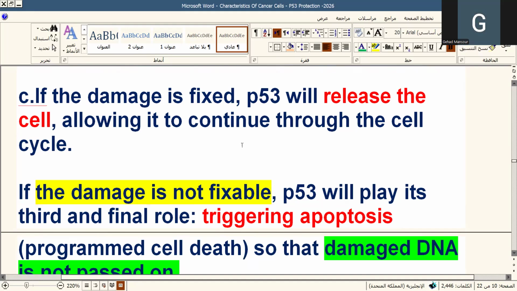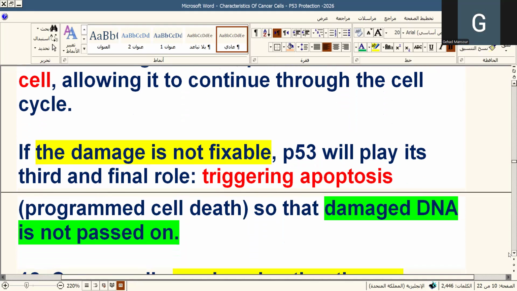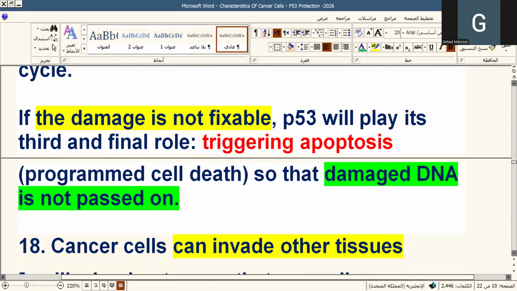But if the damage is not fixable, then P53 will play the third role, which is triggering apoptosis. So again, if the P53 molecule detects damage, it stops the cell cycle temporarily to try to fix that damage. If the damage is fixed, the cell is allowed to rejoin the cell cycle. It receives a go-ahead signal. But if it is not fixable, and if P53 is doing its function perfectly, then it will trigger apoptosis.